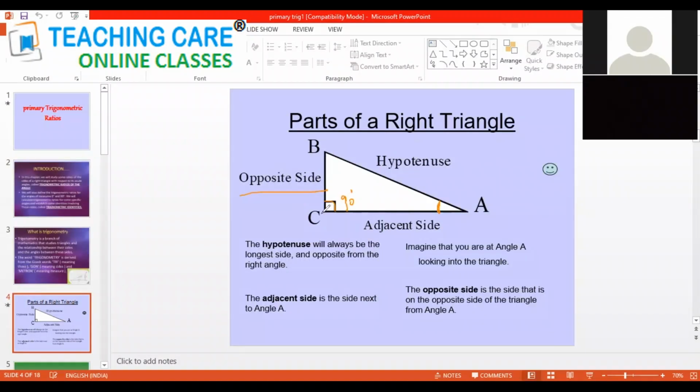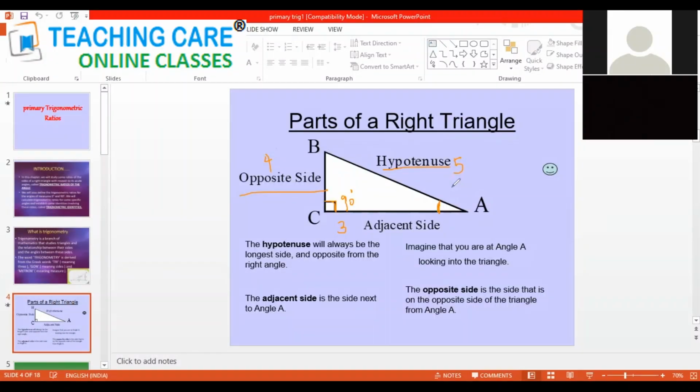Then the side opposite to the 90 degree right angle, you call the hypotenuse. And this hypotenuse will be the longest in length. For example, if one side is 3 centimeters and another is 4 centimeters, the hypotenuse will be 5 centimeters.